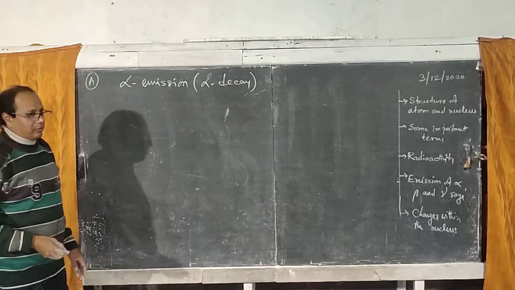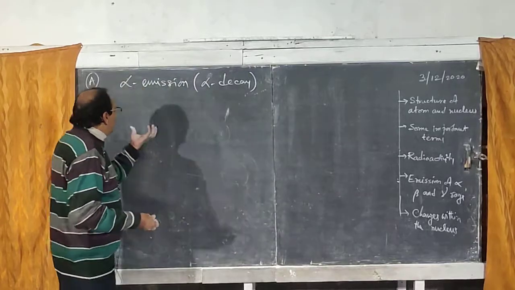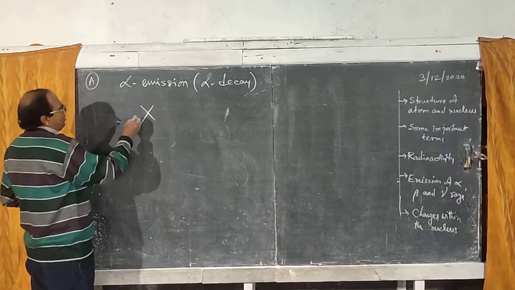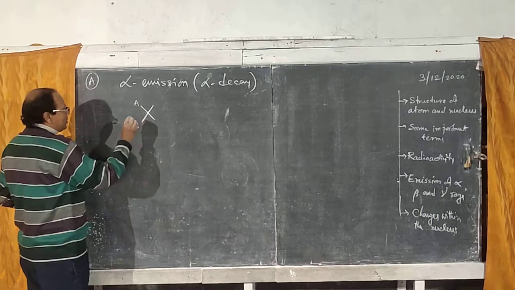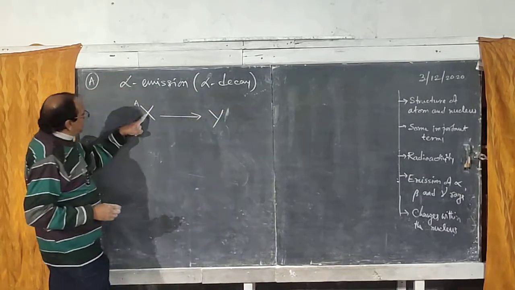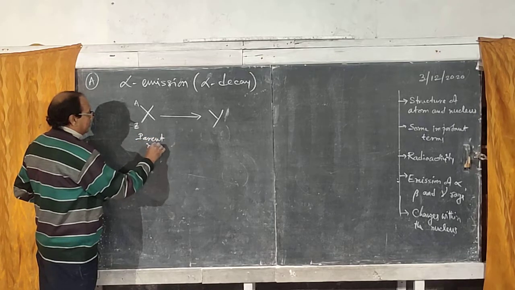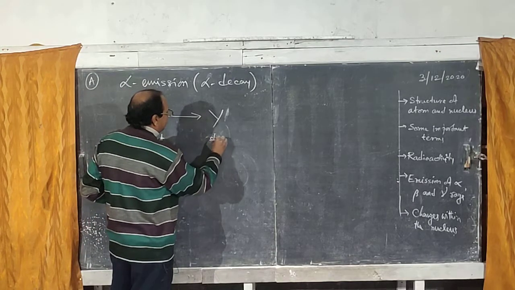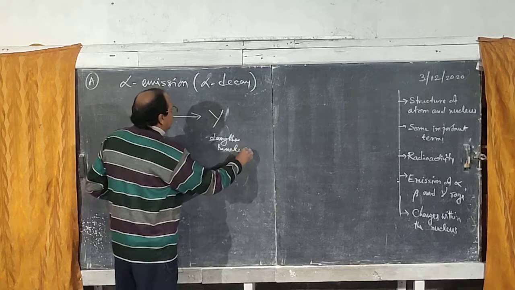As we have talked about, alpha particles are nothing but helium nuclei. So if you look at a general conception, suppose there is one general equation, X is the name of the element, has mass number A, atomic number Z, and is converting into Y. This X is called the parent nucleus, and this Y is called the daughter nucleus.